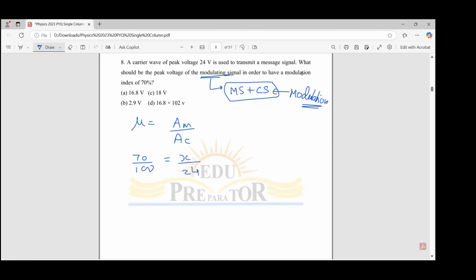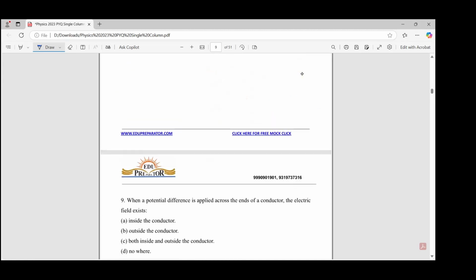So if you simplify this, x comes to be 16.8 volt, and that is why you have A as the correct answer, right? So I want you to keep one more thing in mind. See, in this we have 16.8 written twice. Sometimes in a hurry, the student marks this answer by mistake. So be cautious. Remember that you have to mark the correct answer.